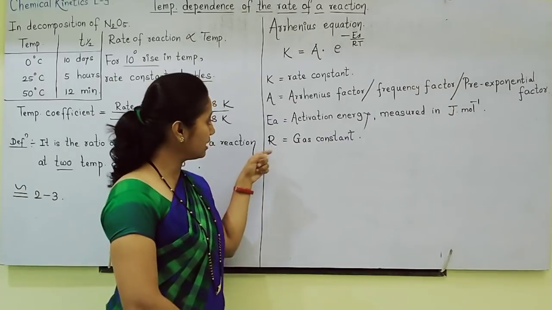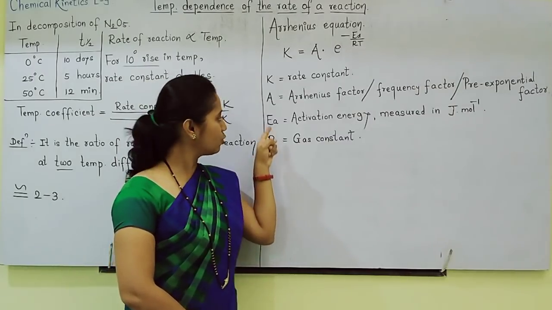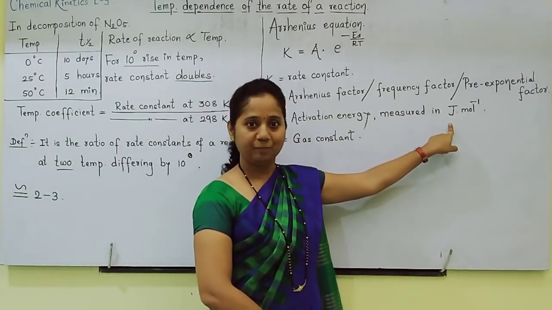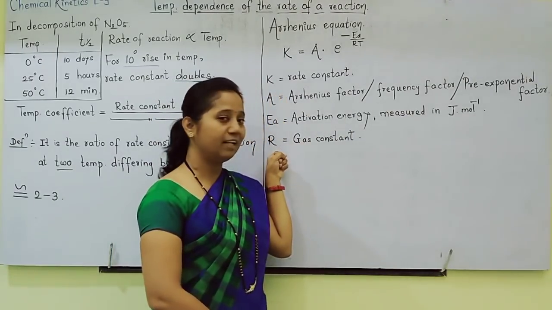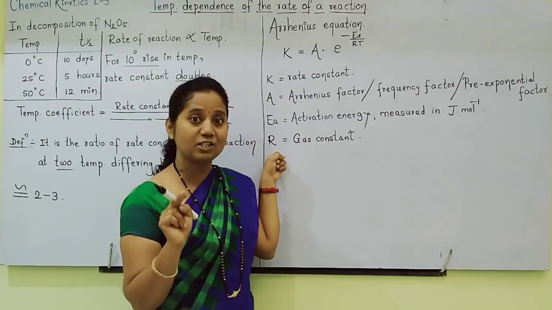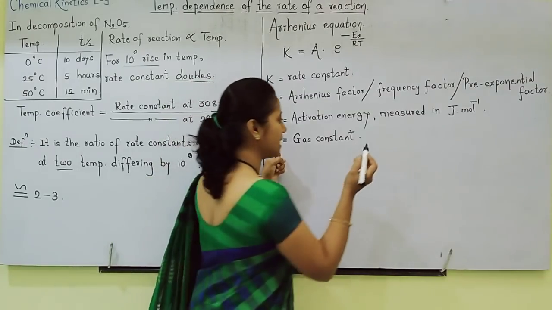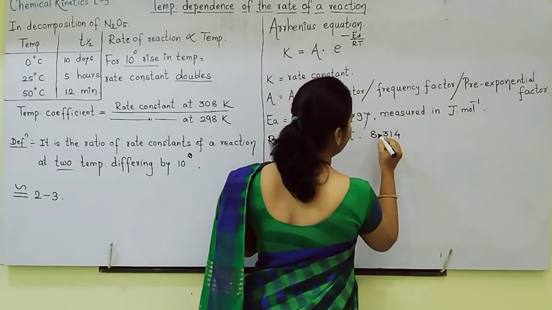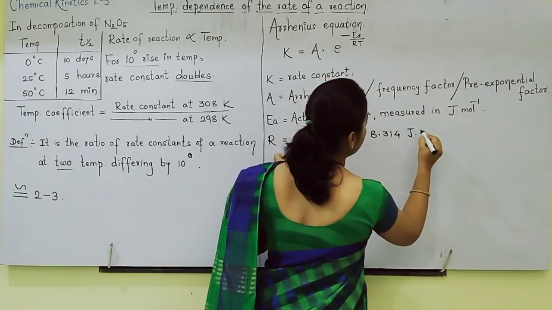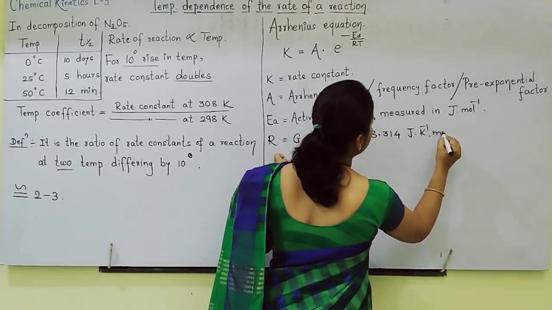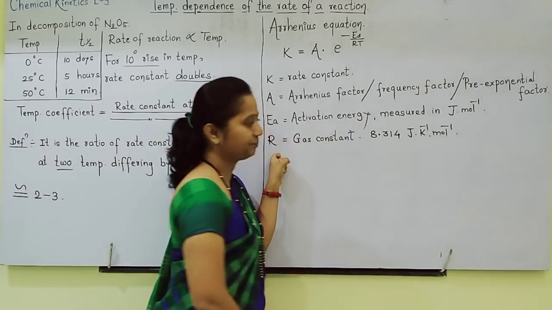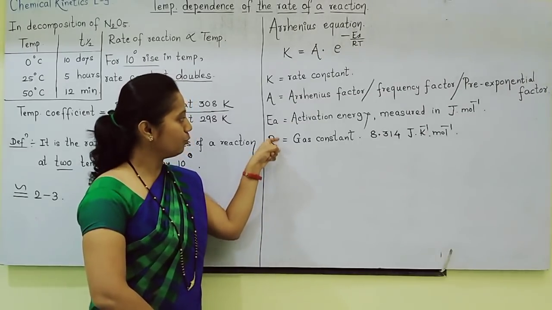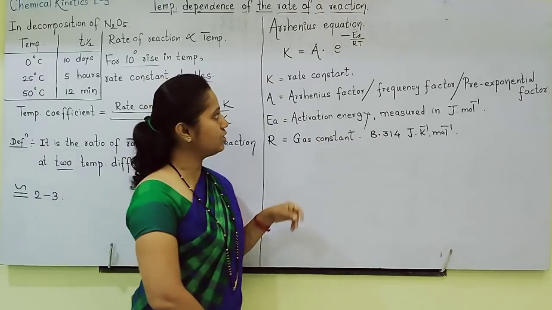Because you should use such a value of R based on activation energy, and activation energy is expressed in joule per mole. So you should use the R value which is expressed in joules. Which is the R value expressed in joules? 8.314 joules per Kelvin per mole. While solving problems you will need this. So Ea and R both should be in joules.